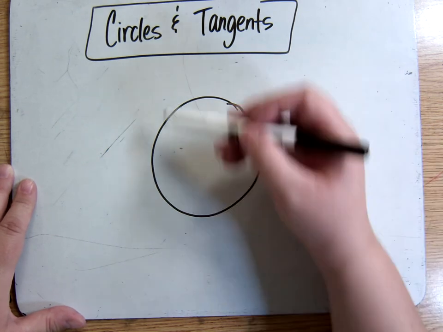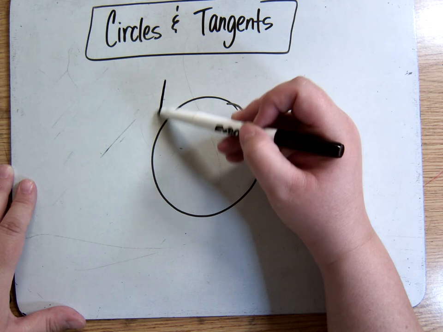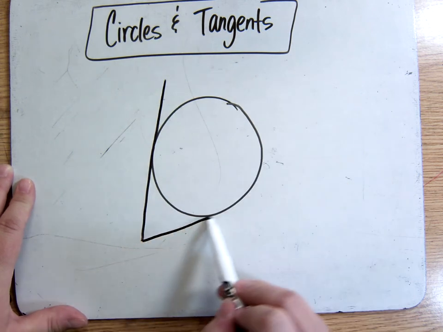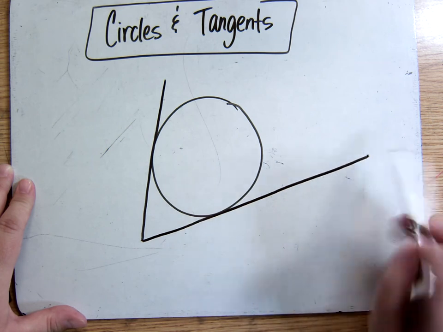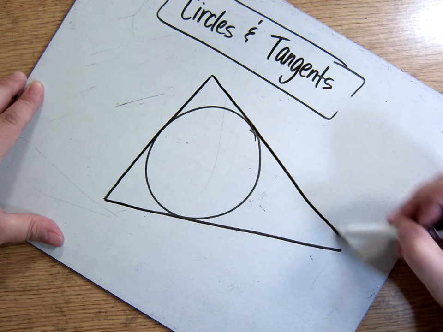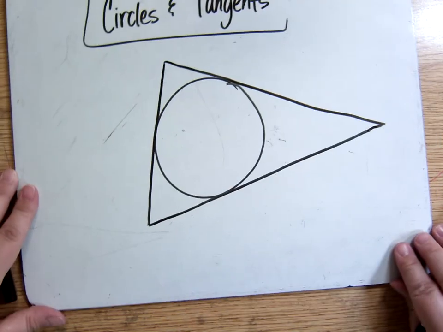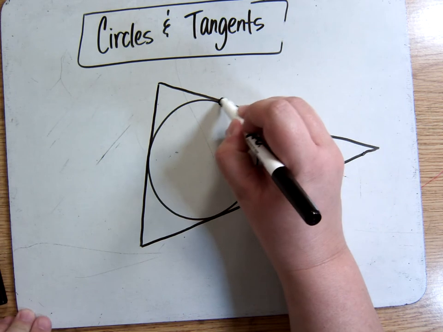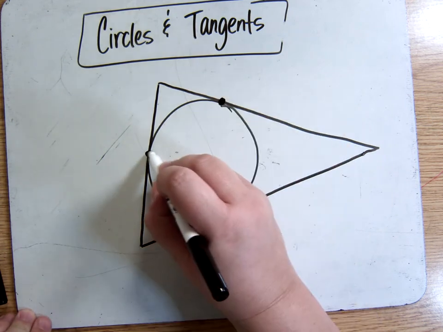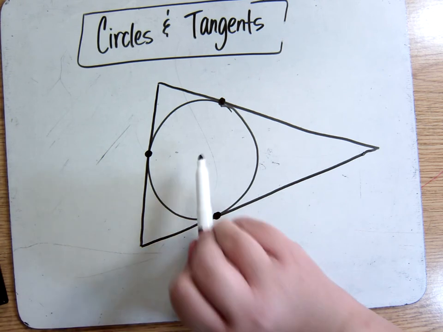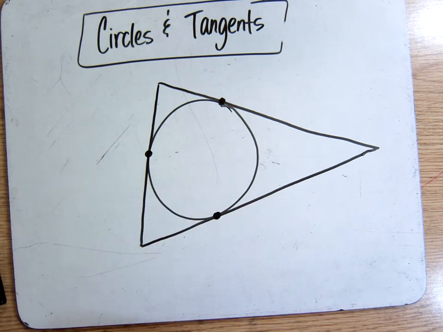So let's say we have a triangle. Let me draw this. There we go. So I have a circle inside a triangle, and it's in there in such a way that there's one point touching on each side of the triangle. That circle is inscribed in the triangle, or written in, or drawn within.